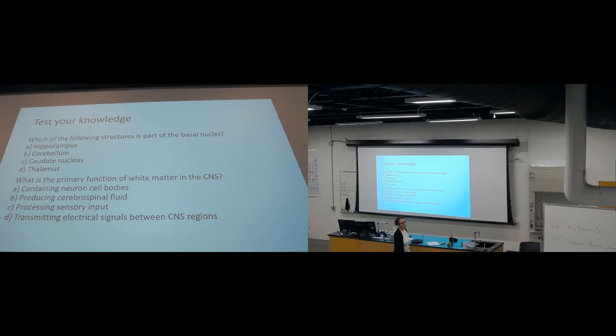Which of the following structures is part of the basal nuclei? Hippocampus, cerebellum, caudate nucleus, or thalamus? Caudate nucleus. What is the primary function of the white matter in the CNS?